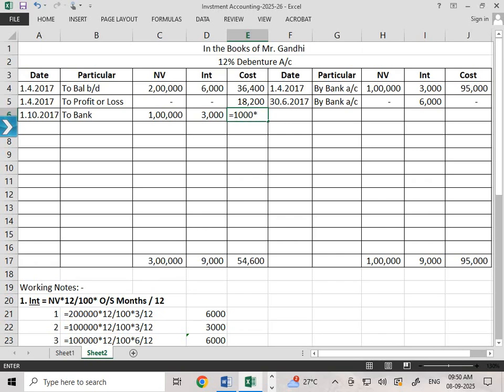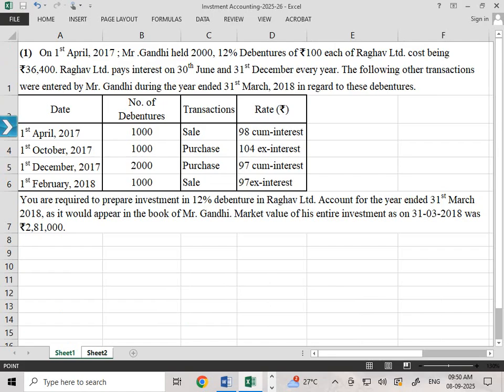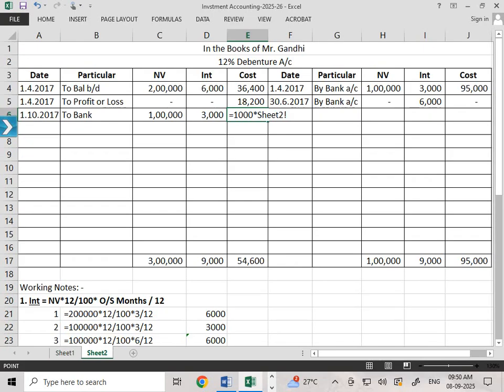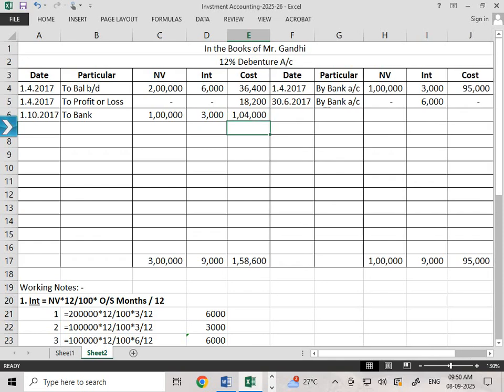Multiply by, what is the rate? Rate is 104, ex interest. So multiply by 104. Bas. Don't deduct interest. So your cost price is 1 lakh 4,000. That's all.